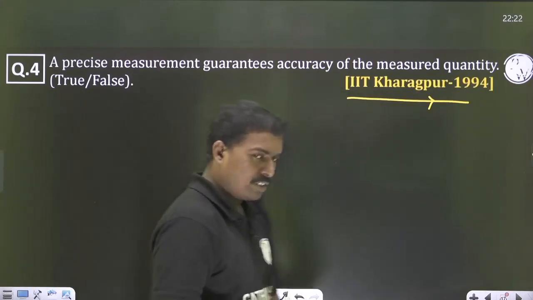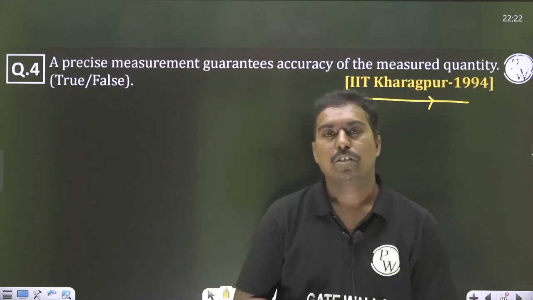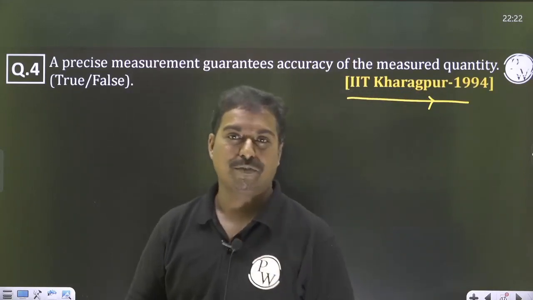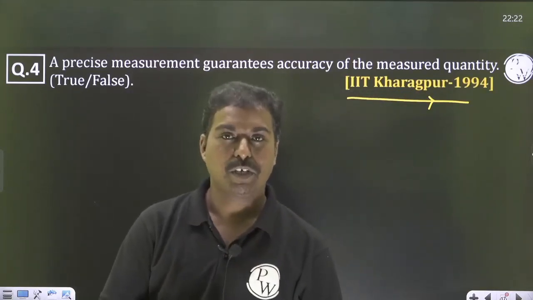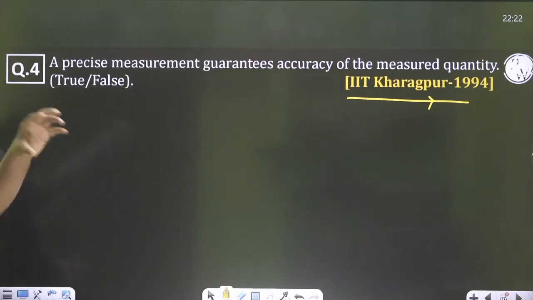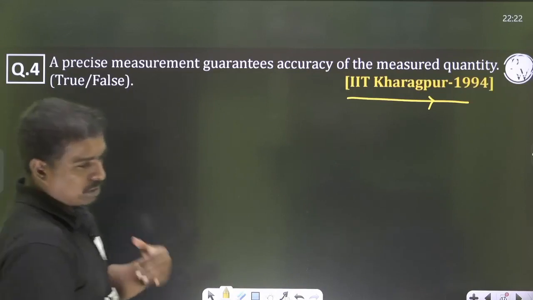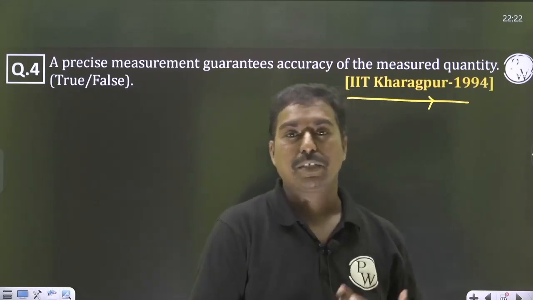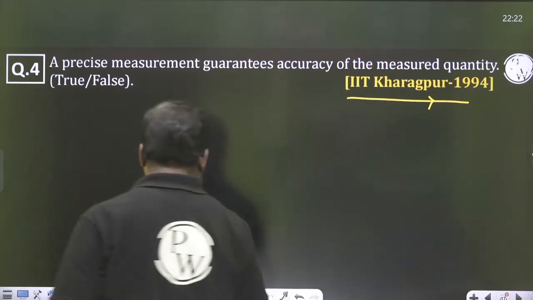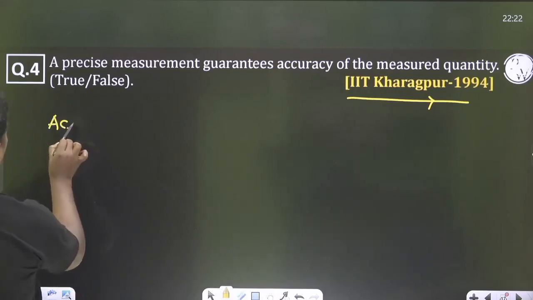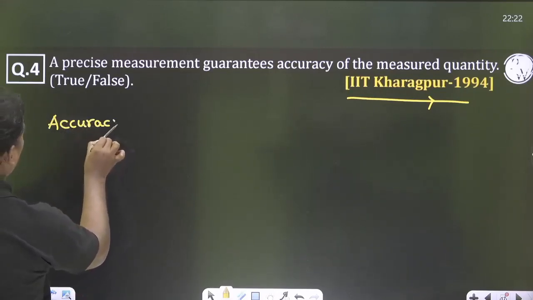How to understand this? What do you mean by precision, and first of all, what do you mean by accuracy? A precise measurement guarantees accuracy, or vice versa, an accurate measurement guarantees precision. What does it mean? First, what is accuracy?